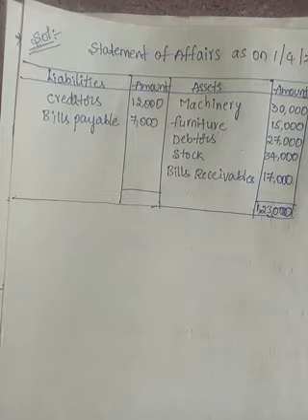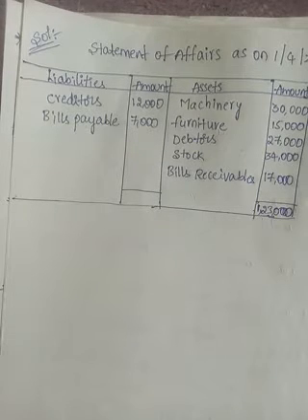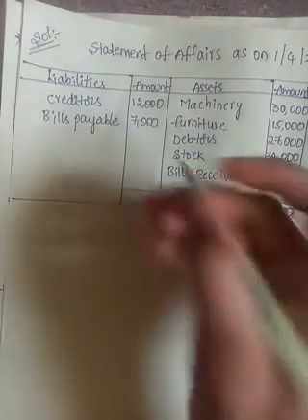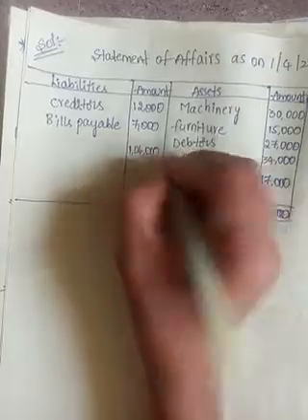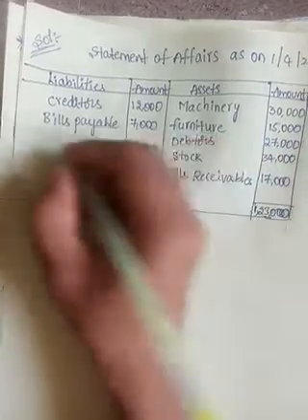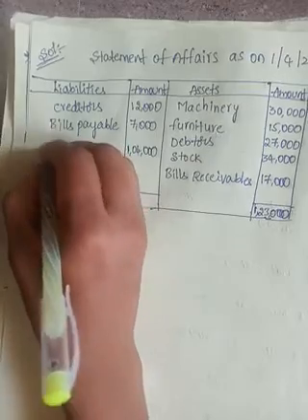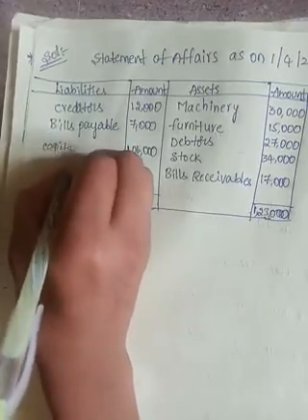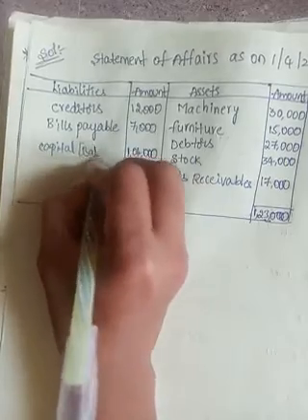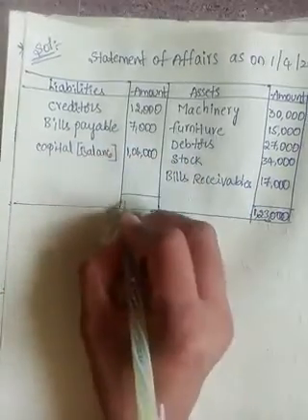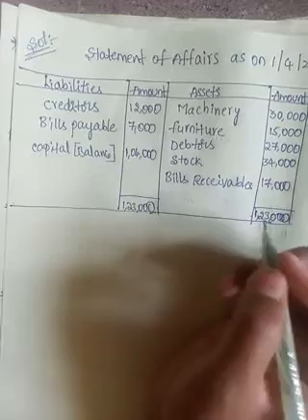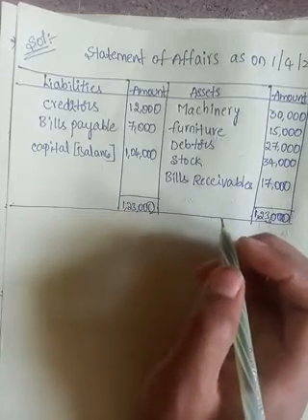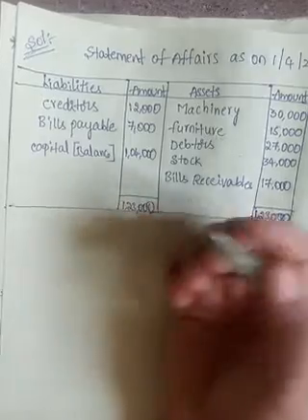So 1,23,000 minus 12,000 minus 7,000 is 1,04,000. This 1,04,000 is the capital, the balancing figure. The total of the two sides is 1,23,000. Next, what we will find is the statement of profit or loss.